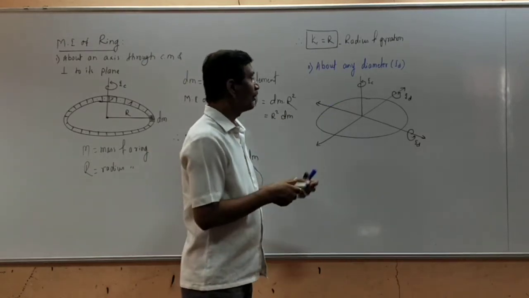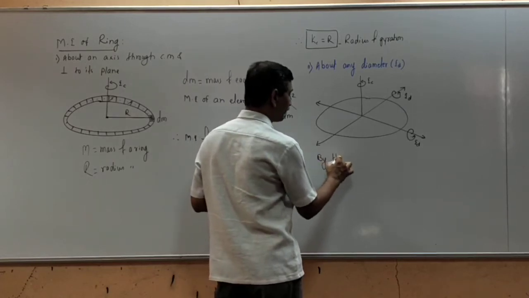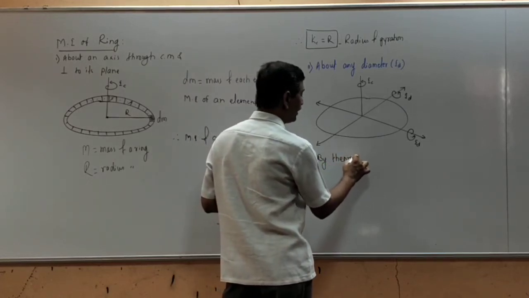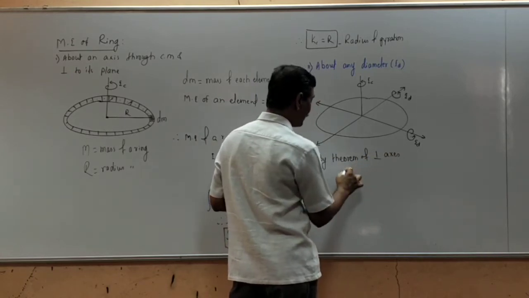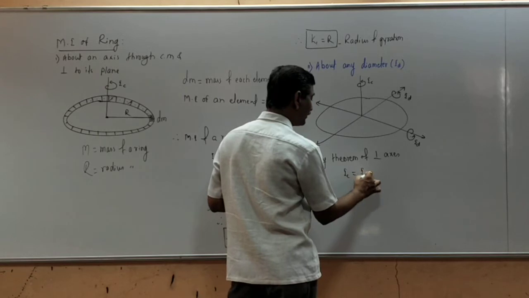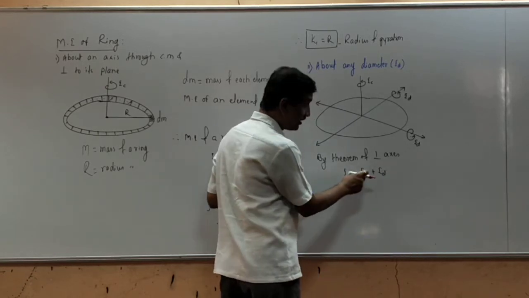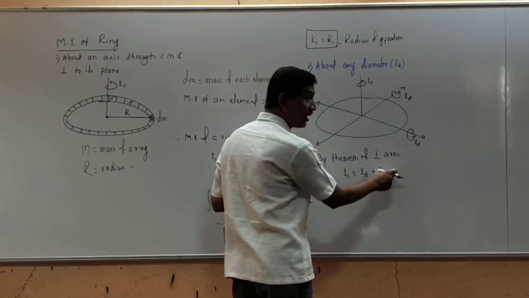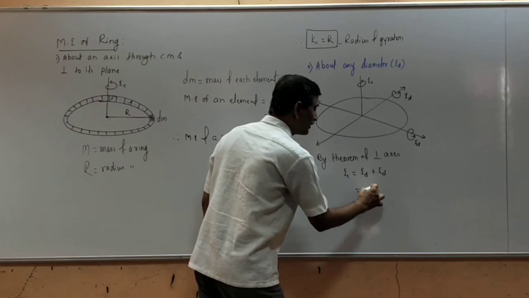Similarly here, by the theorem of perpendicular axis we get Ic is equal to Id plus Id, just like Iz is equal to Ix plus Iy. So hence we get Ic is equal to twice Id.